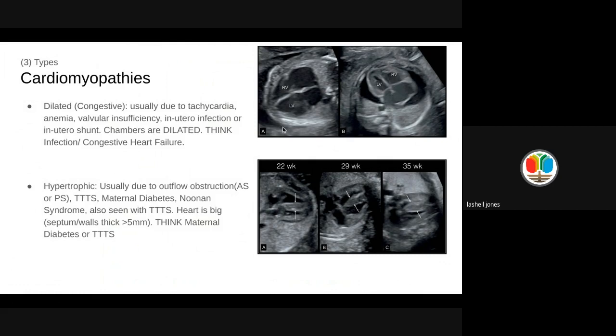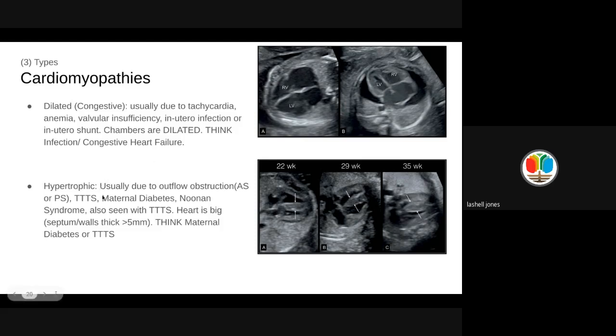Now, the chambers are dilated, which you can see in the example. So when you notice that the chambers are dilated, you want to think infection or congestive heart failure. Okay, so when you see dilated chambers, think infection, congestive heart failure.